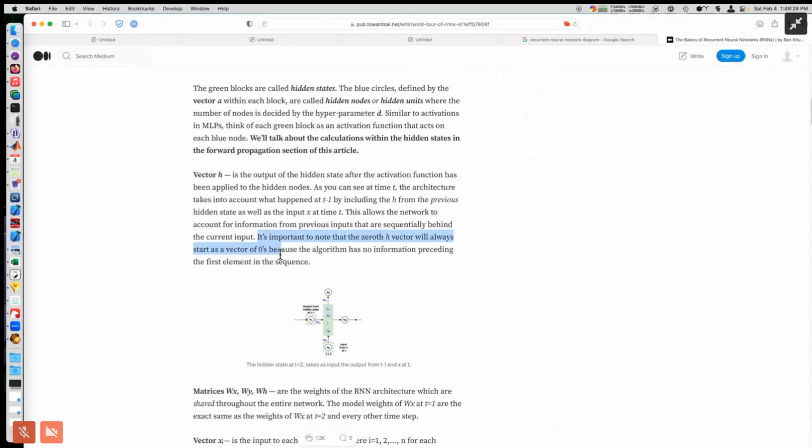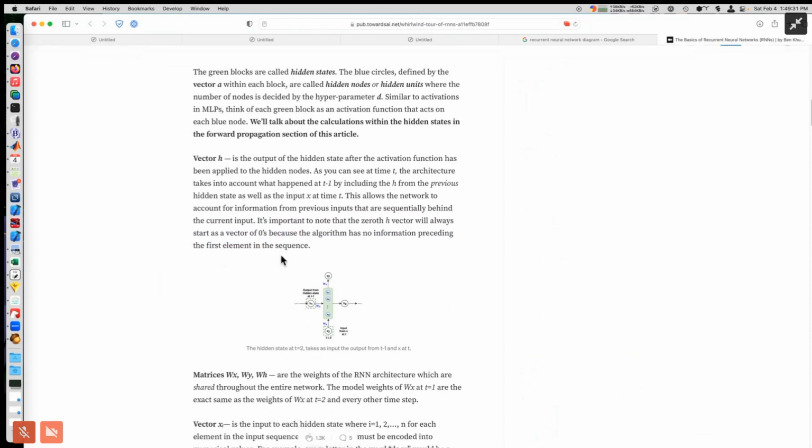The zeroth H vector will always start as a vector of zeros. What I'm not sure about is WH, the weights of the hidden vector. I don't see why it wouldn't be assumed that each output can affect each unit of that hidden state.